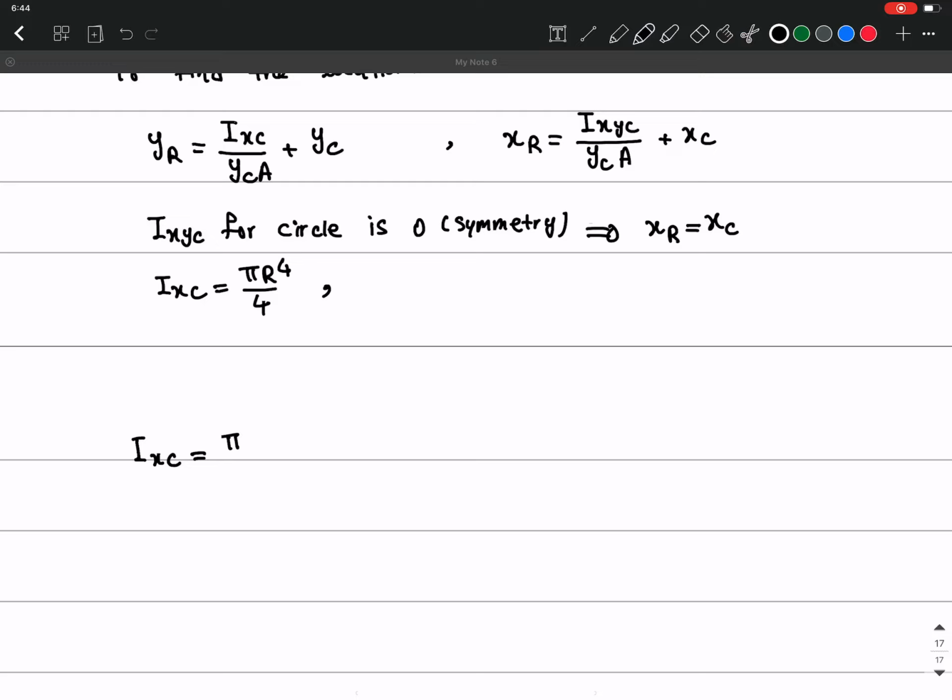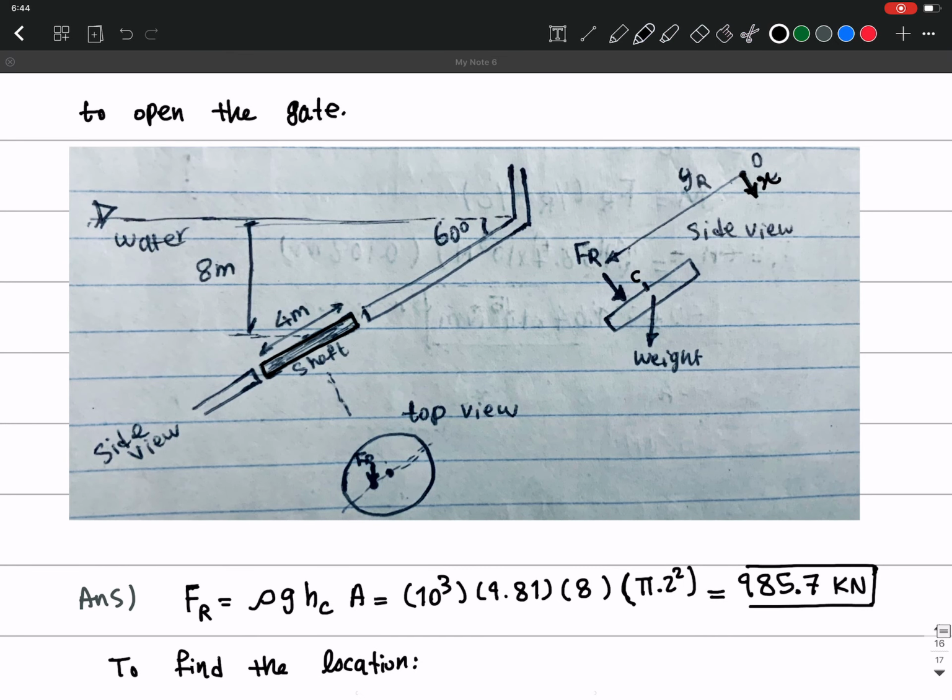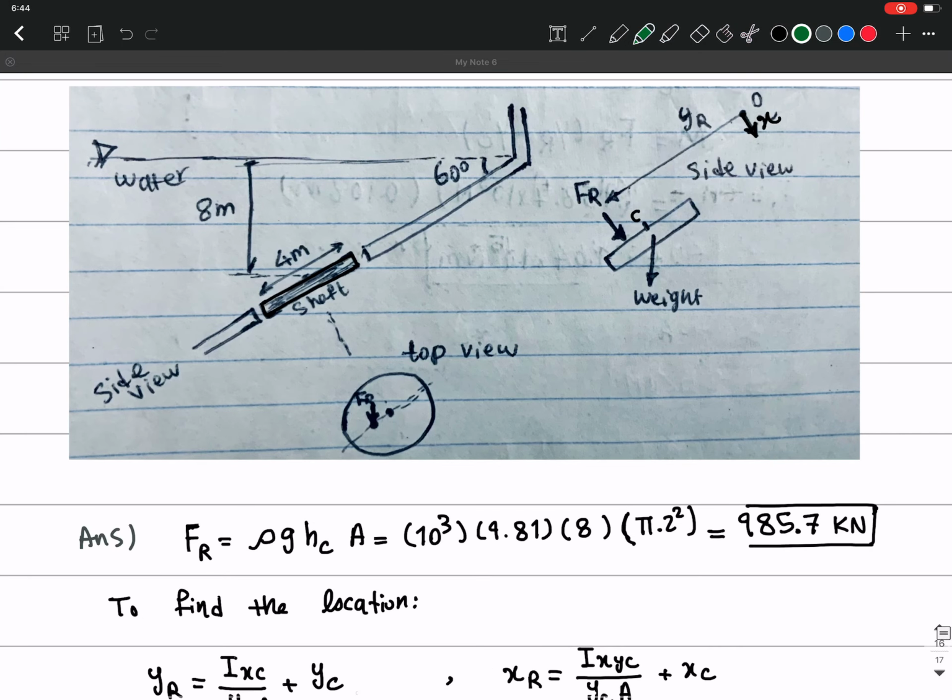And what is yc? We have to find it from trigonometric relations. So yc, we don't have yc, we have to find yc. Yc is going to be from here to here, right? We don't know that. So we can find it from the given information in this problem.